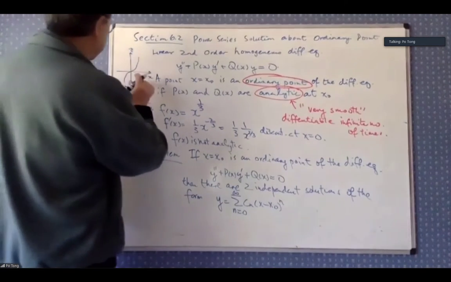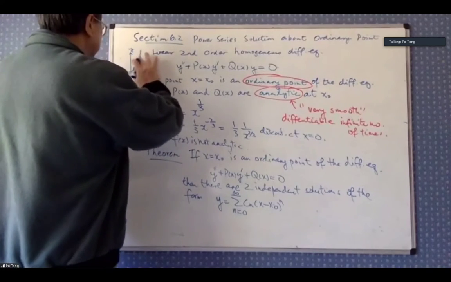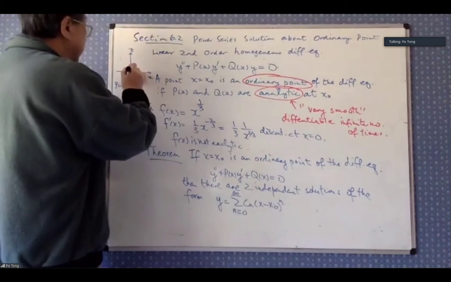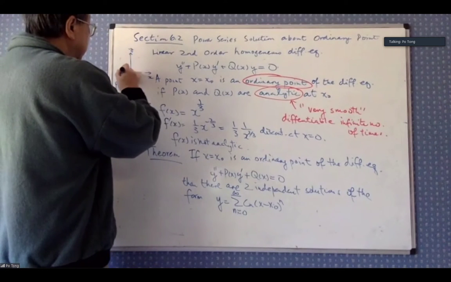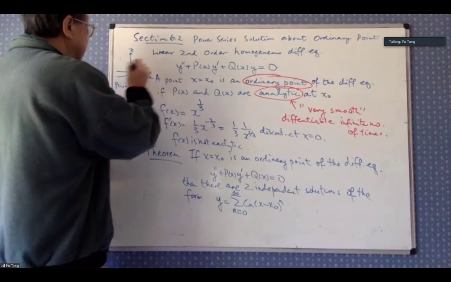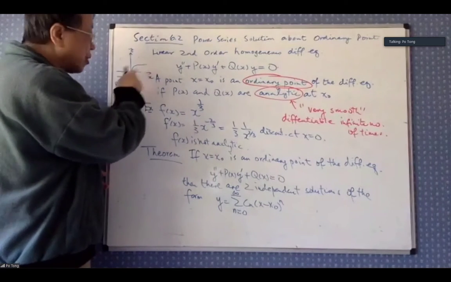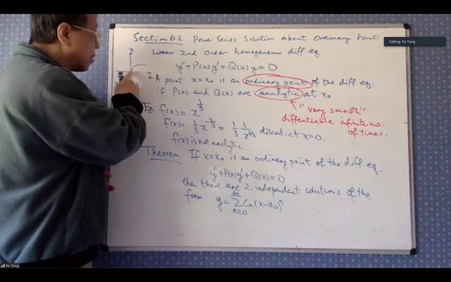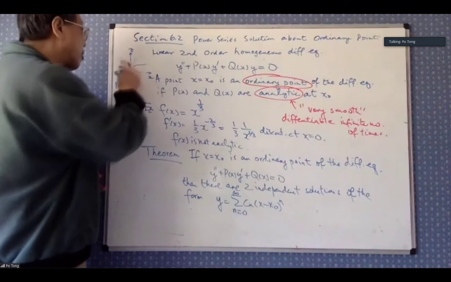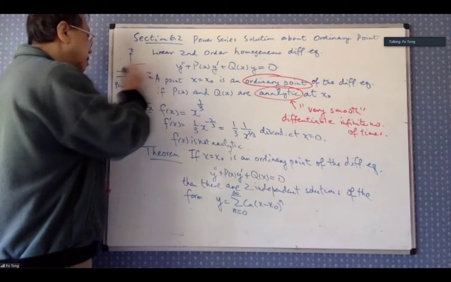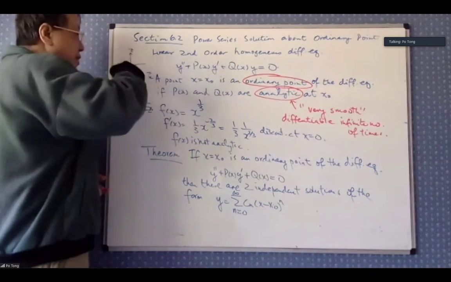This x to the power 1/3 looks like, did I draw it right? Probably didn't draw it that way. I drew x to the power 3. It's the other way. X to the power 3 is like this. X to the power 1/3 is more like this. Okay, it's kind of smooth. But if you differentiate a couple of times, it's not even continuous at this point, because at this point the slope is infinity.